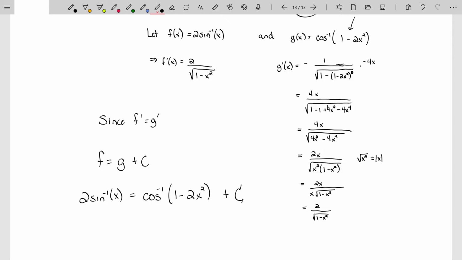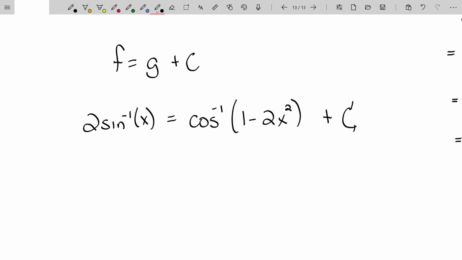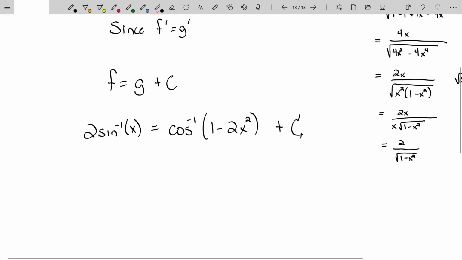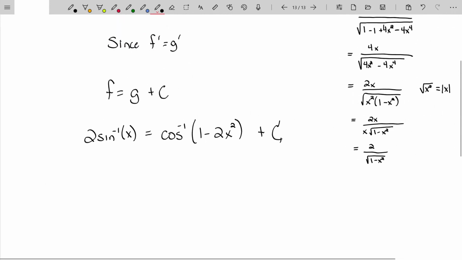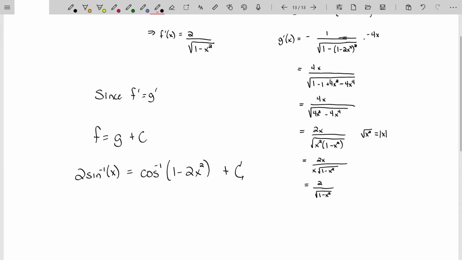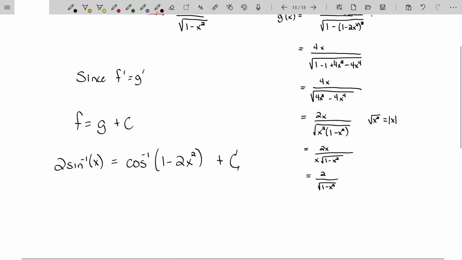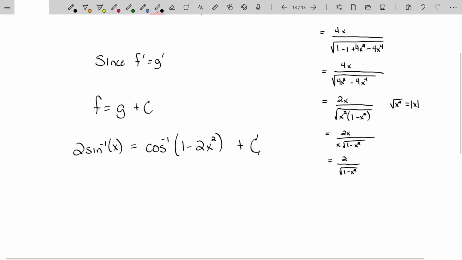Now what do we do? Well, you make a decent choice for x to substitute in. I could sub in x equals 0, but the problem with that is that in my derivative, you could see division by 0 is a no-no. So I am sort of going to hand wave that and just choose x equals 1 over root 2.